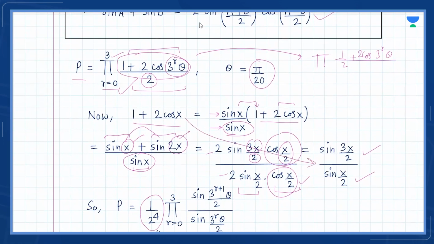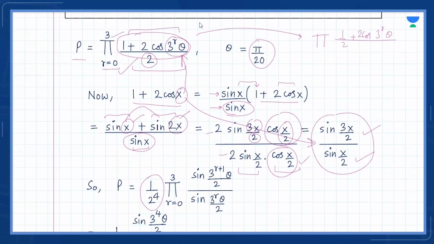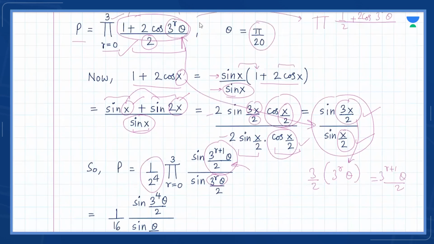We observe that 1 + 2 cos x is equal to this thing, just in place of x we are having 3^r θ. So if I replace x by 3^r θ, we are going to get this quantity here, because 3/2 into 3^r θ becomes 3^(r+1) θ by 2. That's the reason why we have written this, upon sin(x/2), and x we are replacing by 3^r θ. So that's why this has become this way.